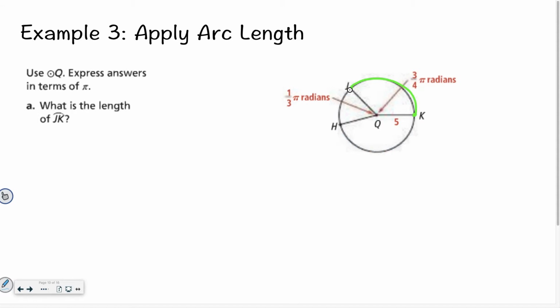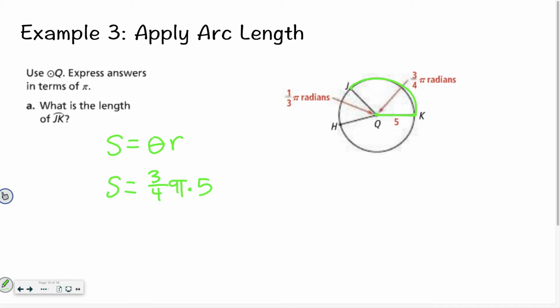So I'm just going to do JK, and I see that it's radians, so I'm going to use arc length equals theta times radius. So my theta is 3/4 pi, and my radius is 5.